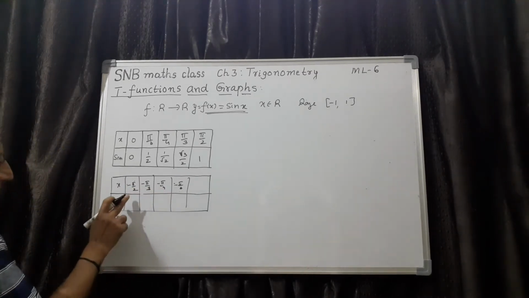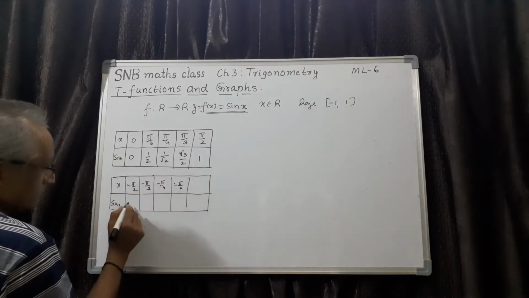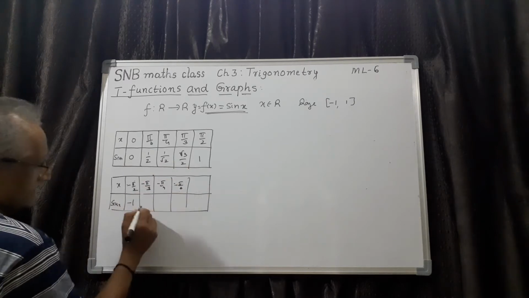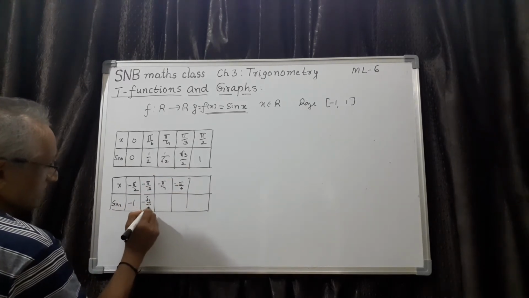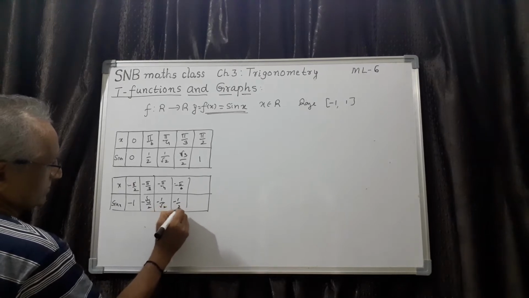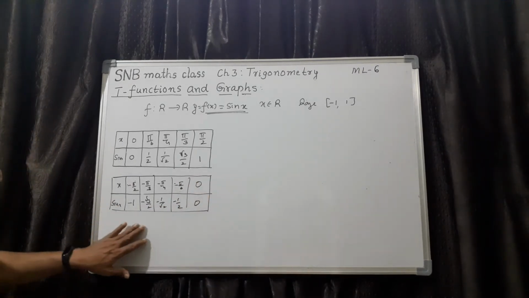And you can find it because sine of minus theta is minus sine theta. So minus pi by 2 gives minus 1, then minus root 3 by 2, minus 1 by root 2, minus 1 by 2. Of course if you take 0, it is 0. So these are the values.